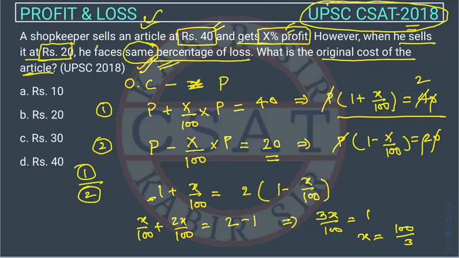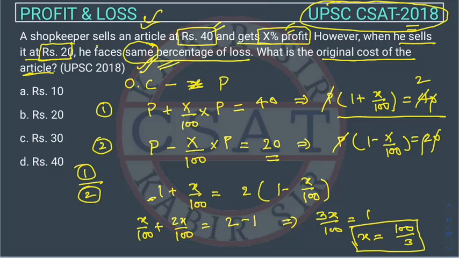This is the percentage of profit, or in the second case the percentage of loss. Now we have to find the original cost, which is P. You can put this X in either the first or the second equation.